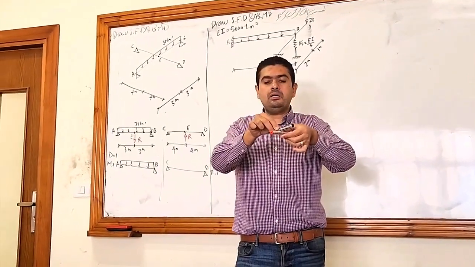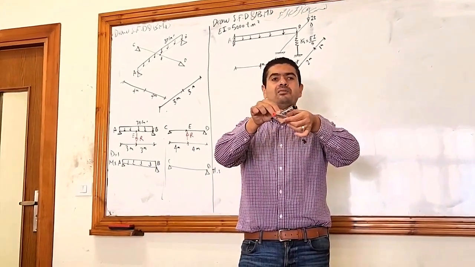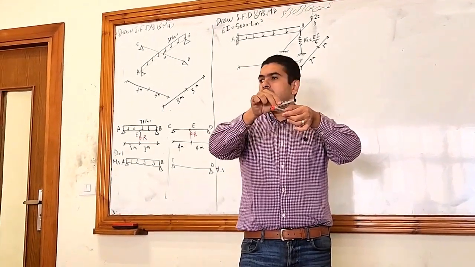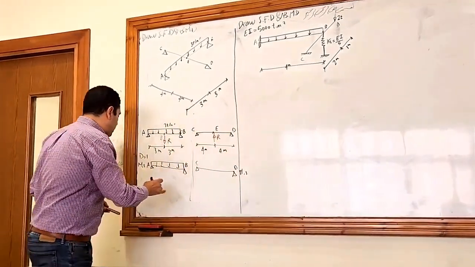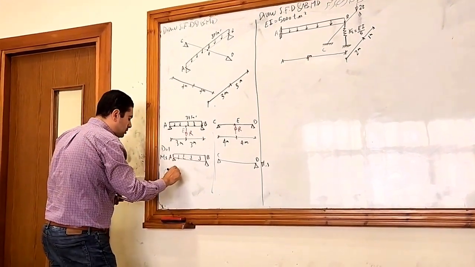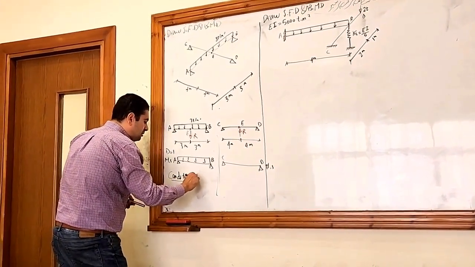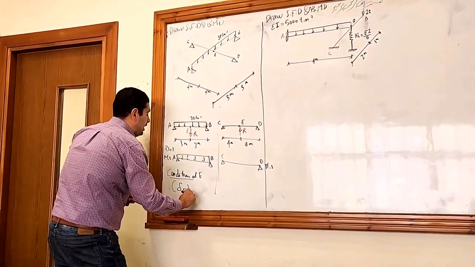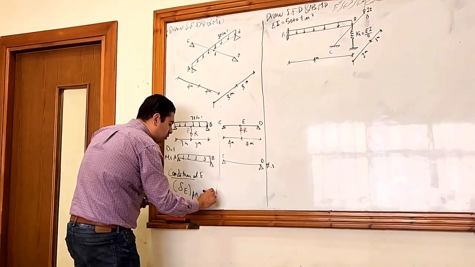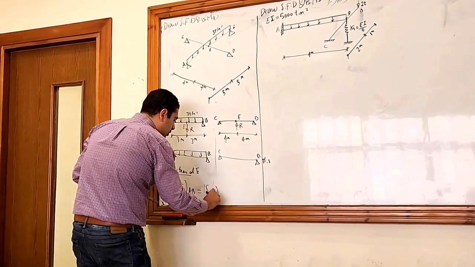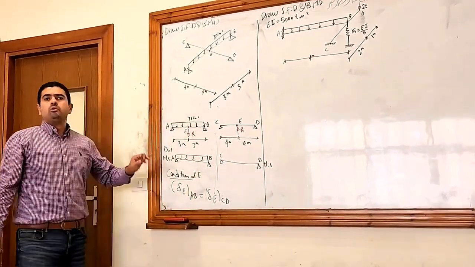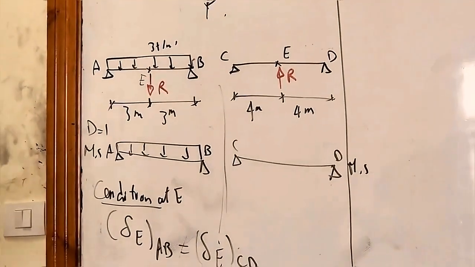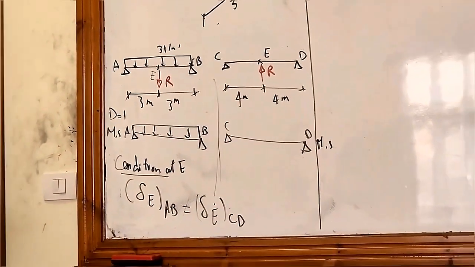So the deformation delta E for the red pen will be the same as delta E for the black pen. So here the condition will be at E: delta E for AB equals delta E for CD. The same condition as a compound beam with two stable parts, no main and no secondary. Okay?